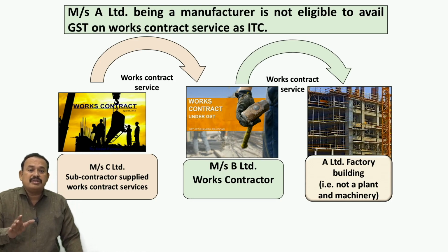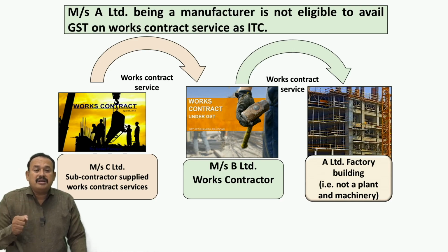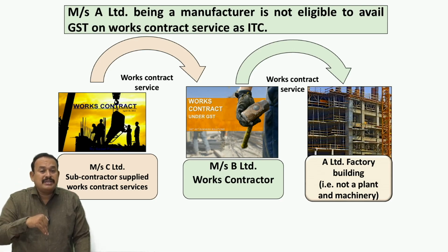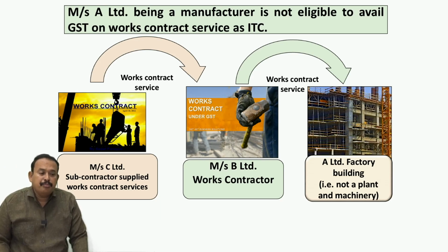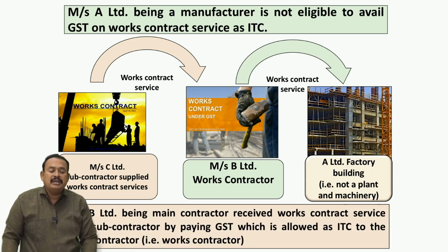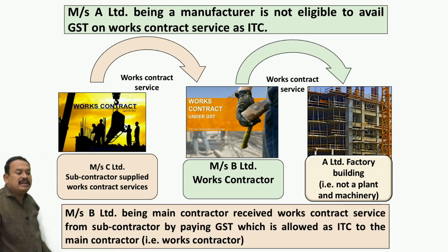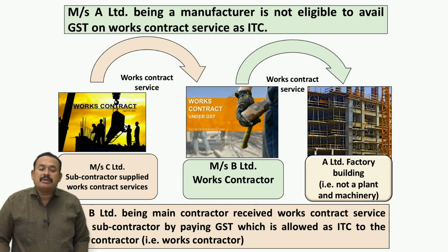Works contract service is blocked credit, but for a works contractor who received works contract services from another subcontractor, it is not blocked credit. Therefore, B Limited is eligible to avail input tax credit. B Limited, being the main contractor, received works contract services from the subcontractor by paying the GST, which is allowed as ITC to the main contractor, namely the works contractor.